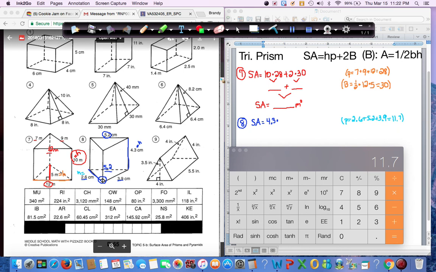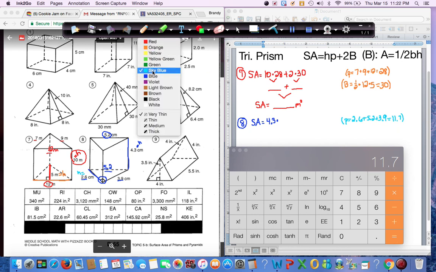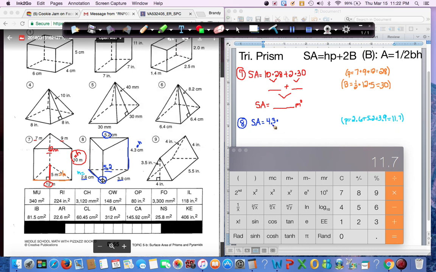Okay? So we need that for what we're going to multiply to the height. Again, what we're doing is a shortcut method. By using the formula, we're doing a shortcut method to find the area of all the rectangles. Okay? Alright, now that we've found that, we need to go ahead and add it to our bases.